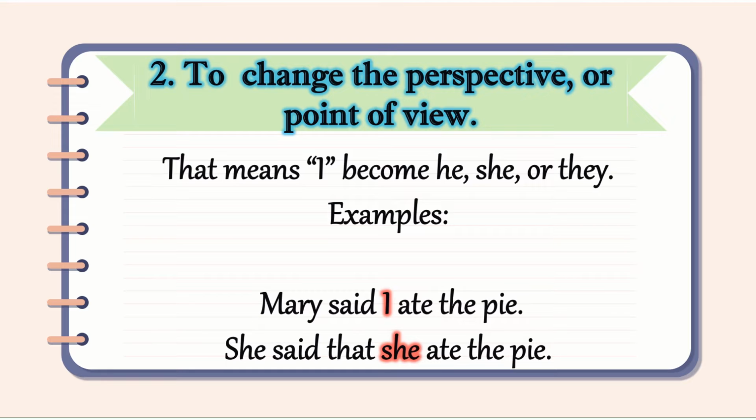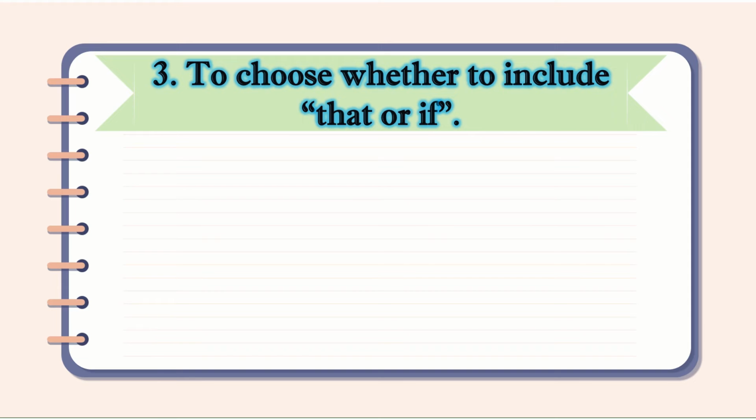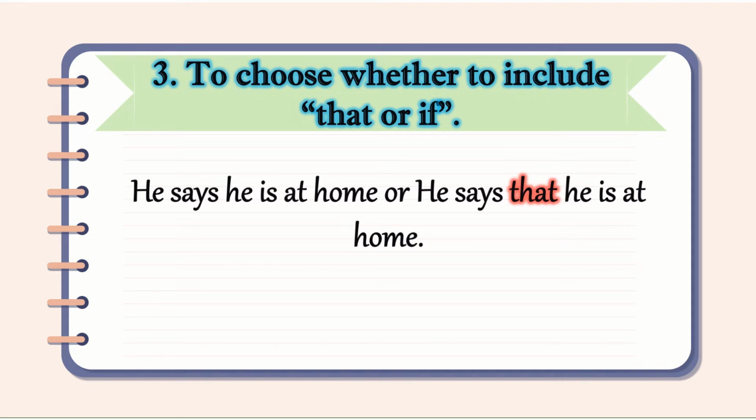Third, choose whether to include that or if. As I'm sure you know, often we can choose if we want to use that or not in English. He says he is at home, or he says that he is at home. That is a conjunction here linking the two parts of the sentence.